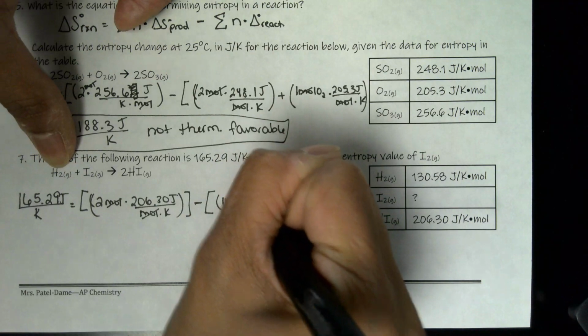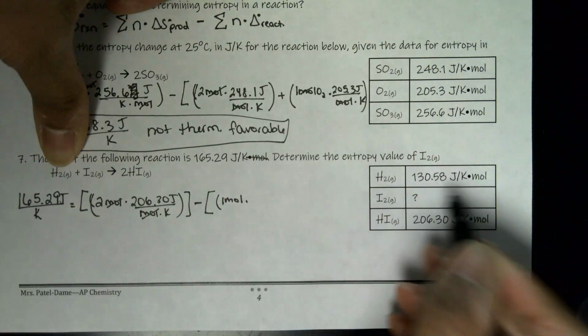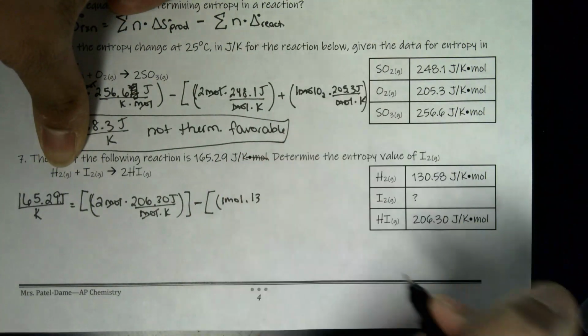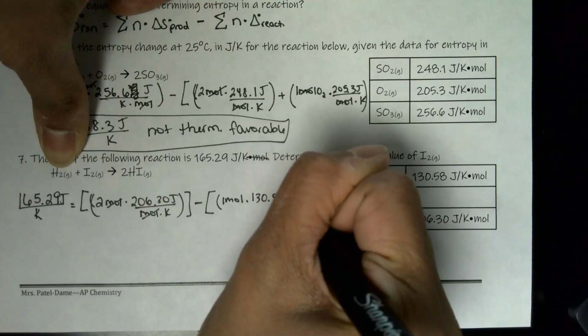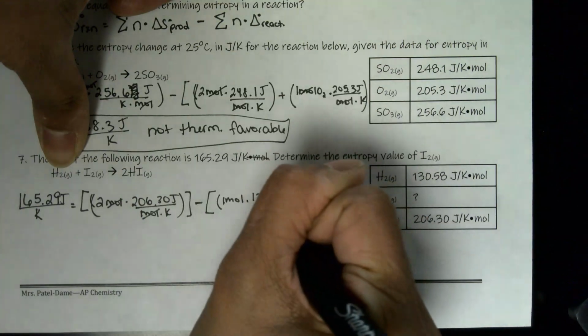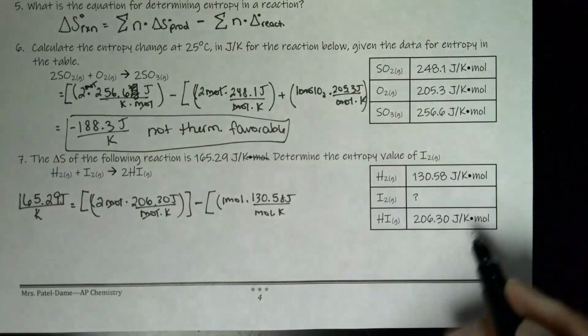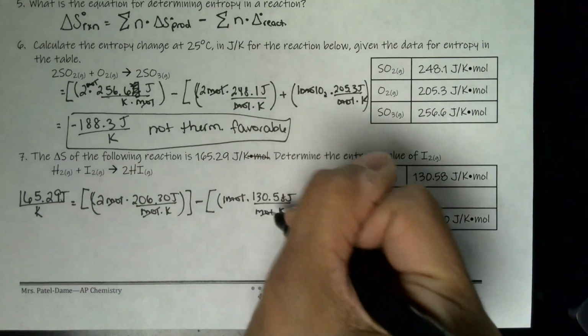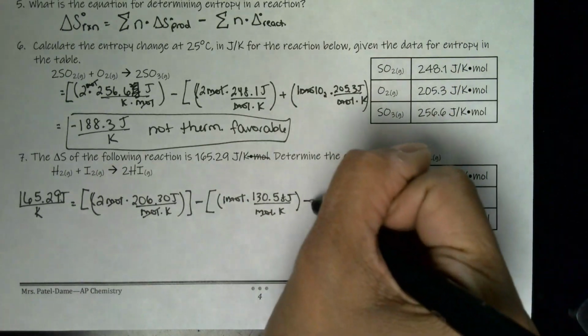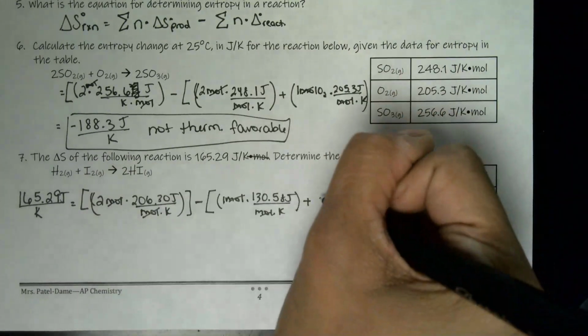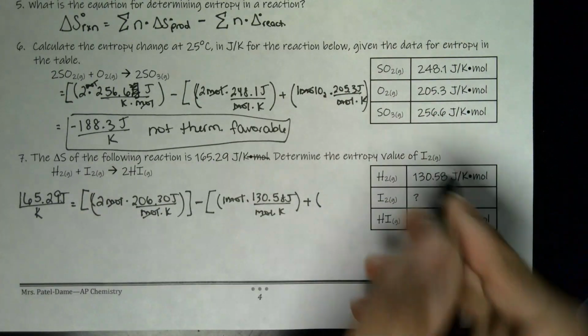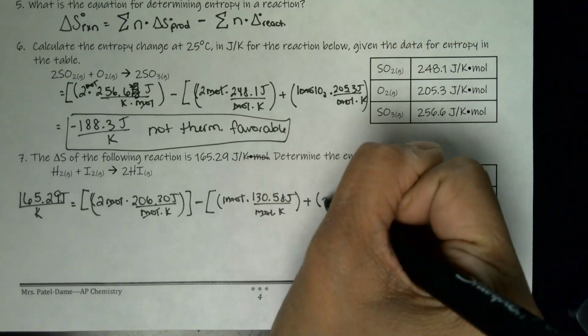So 1 mole of H2 times 130.58 joules over moles times Kelvin. And I know I keep saying moles and Kelvin and switch with what it's written there. It's all the same. Plus, there's only one of those. So that is my unknown. That's my X.